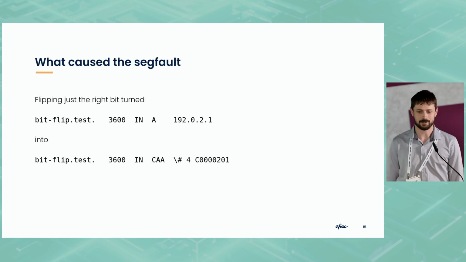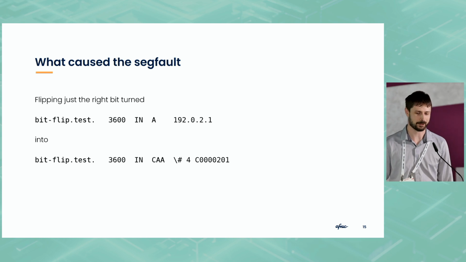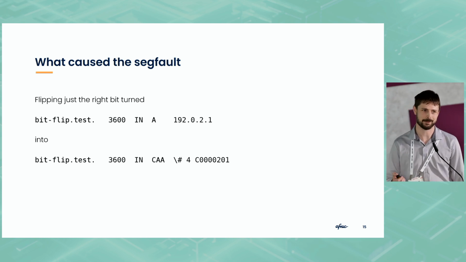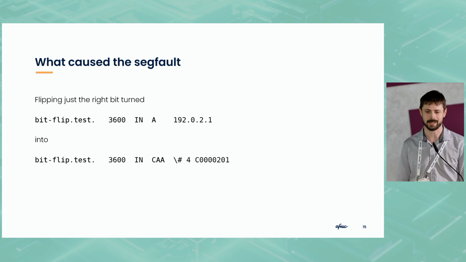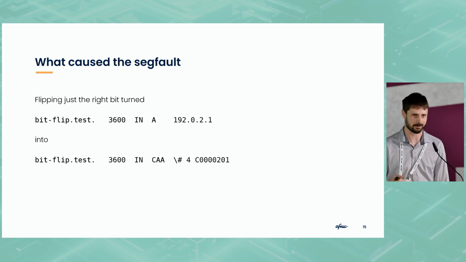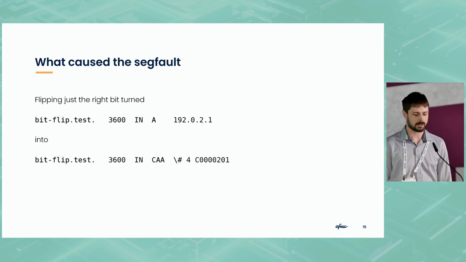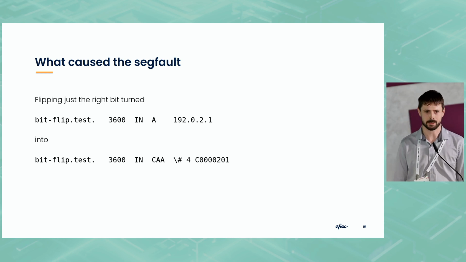So I looked at the last resource record that Zonemaster tried to decode before it crashed, and it was an A record that was corrupted into a CAA record. The type A is type code 1 and CAA is 257. And of course, the contents become nonsense. But it wasn't the parsing that was the root cause of the seg fault.